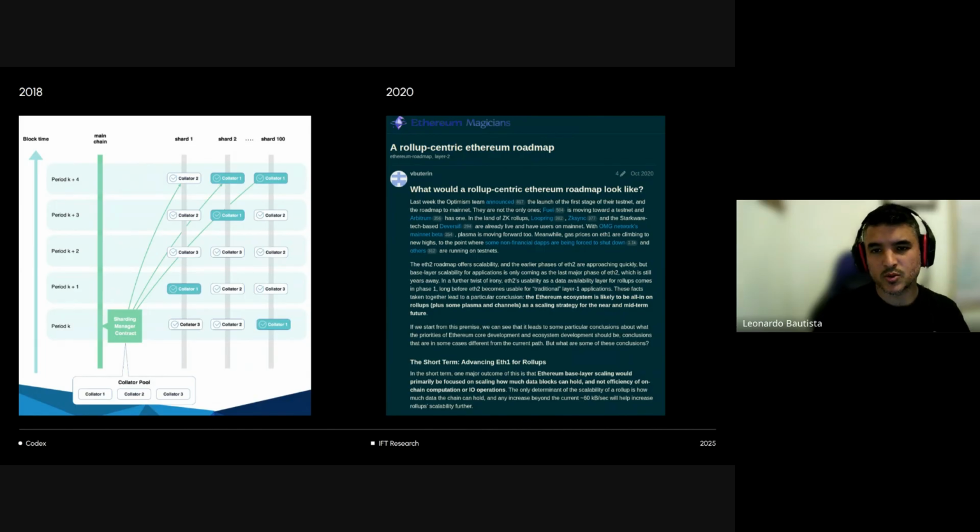In 2020, there was another direction that was proposed, which was a rollup-centric roadmap, in which Ethereum will scale through rollups. I'm going to move a little bit fast at the beginning. I don't want to take too much time on the history, but for those that are not very familiar, I wanted to give a little bit of context about what we are doing.